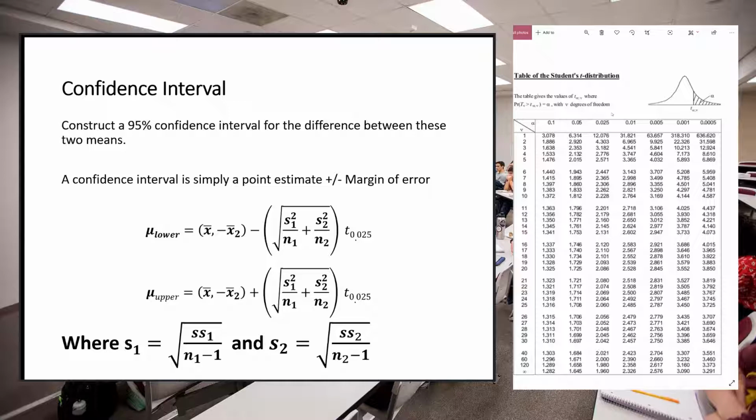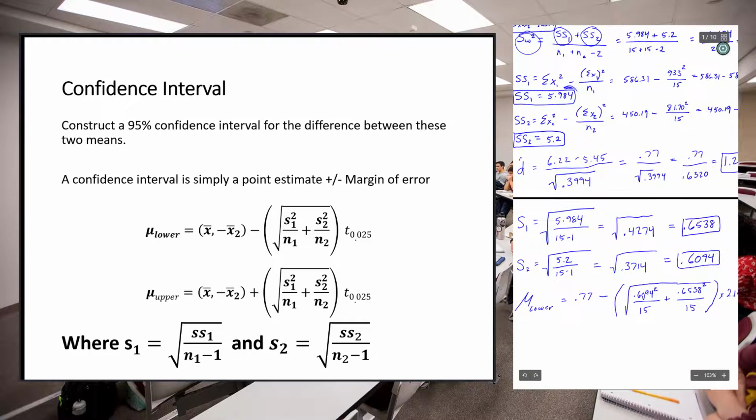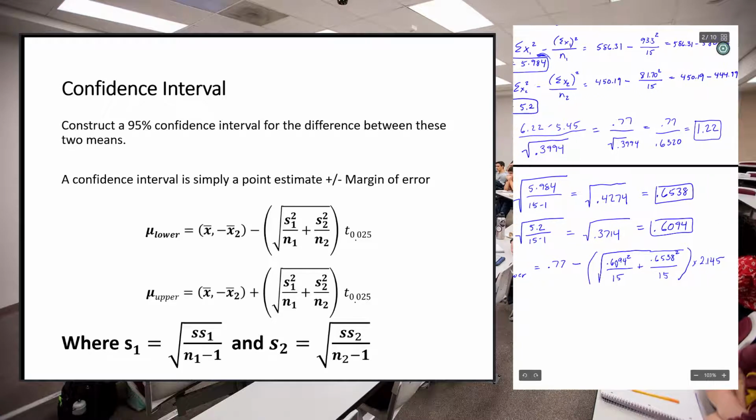So the cutoff for our t of 0.025 is 2.145 times 2.145. Okay. So now we can just resolve this equation for mu lower.